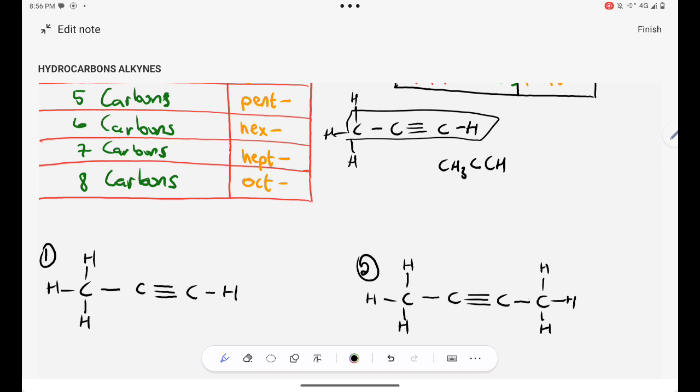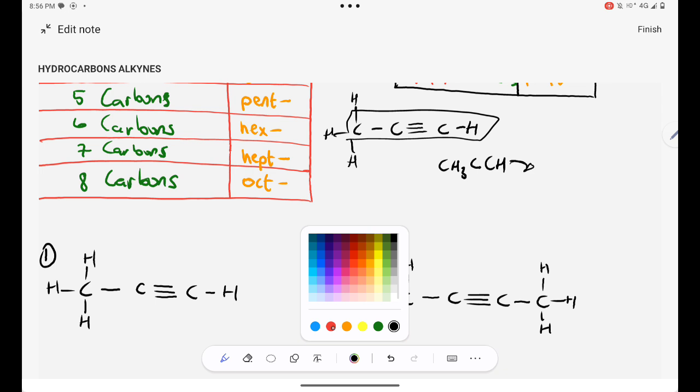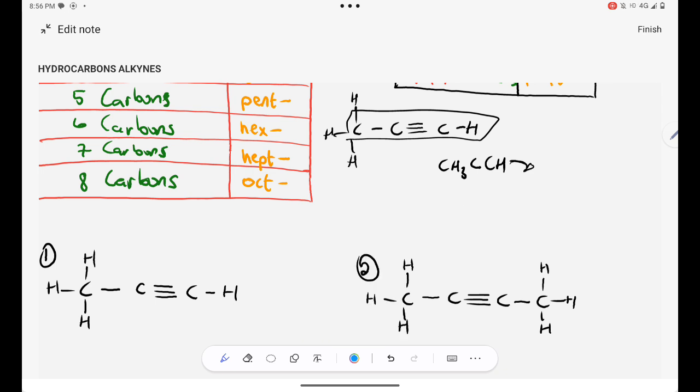Please note that your carbon should always be surrounded by 4 bonds. So to move from a condensed formula to a structural formula, we have CH3, a C, and a CH, like this.